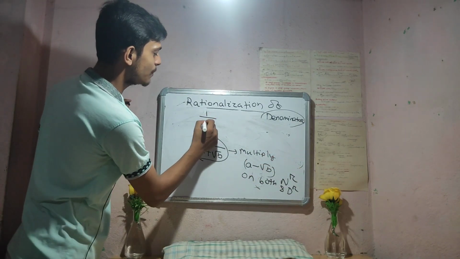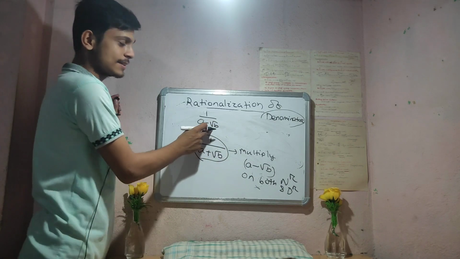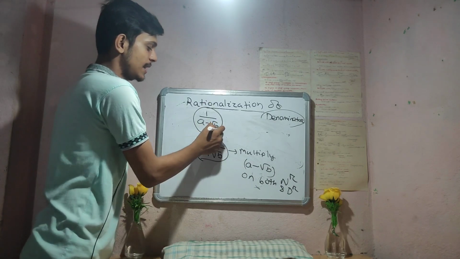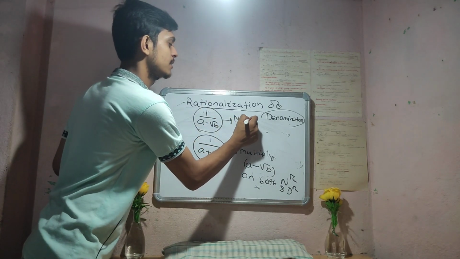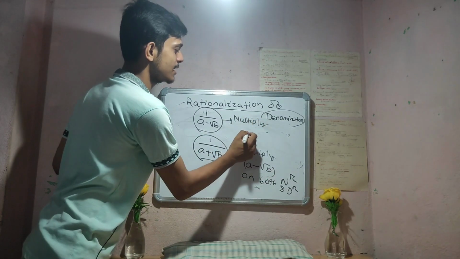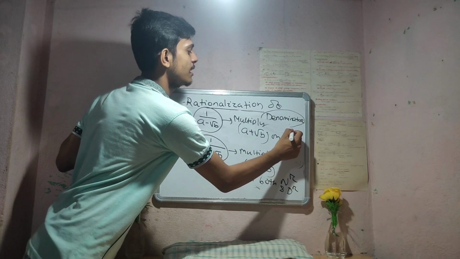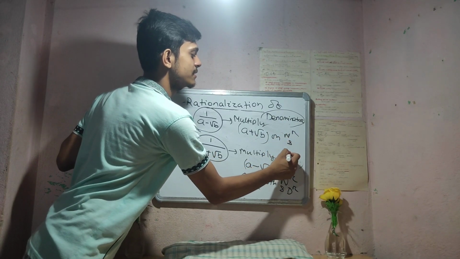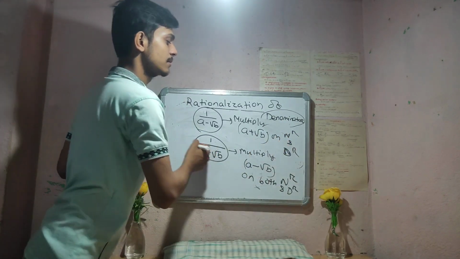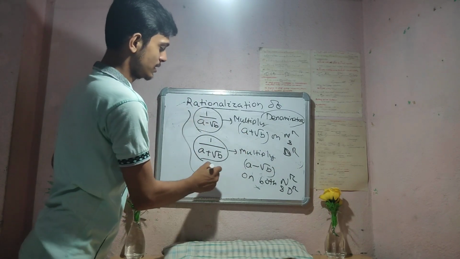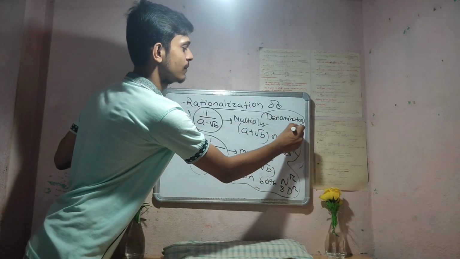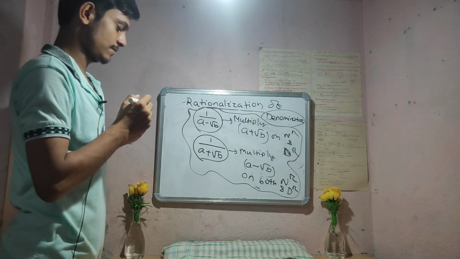Suppose 1 upon a minus the square root of b is given, then you have to multiply by the opposite, that is a plus the square root of b, on the numerator as well as the denominator. So these are the two main formulas for rationalization.